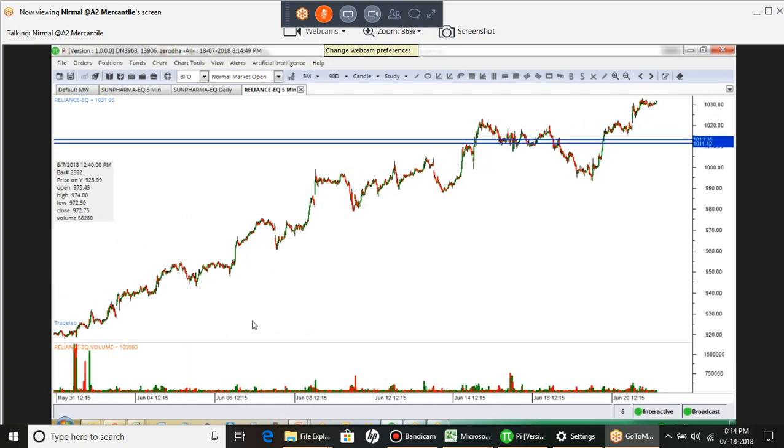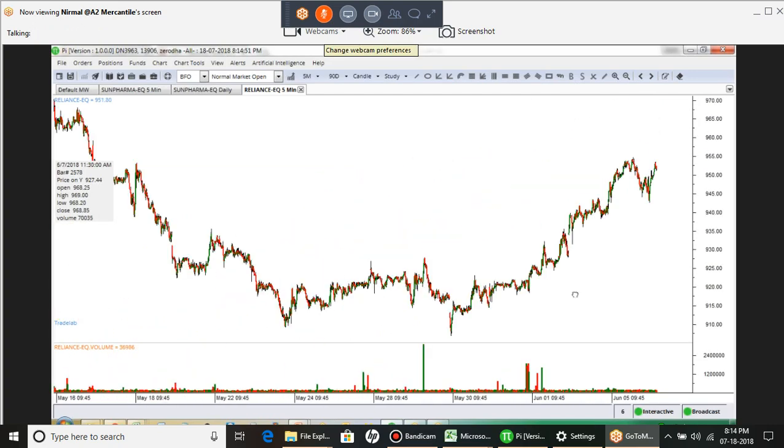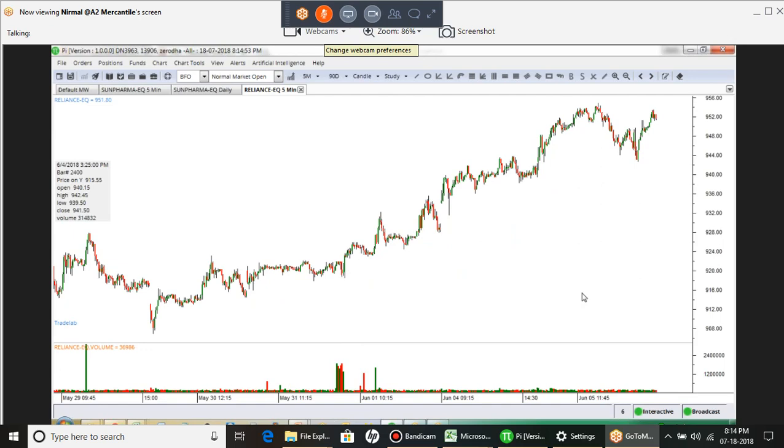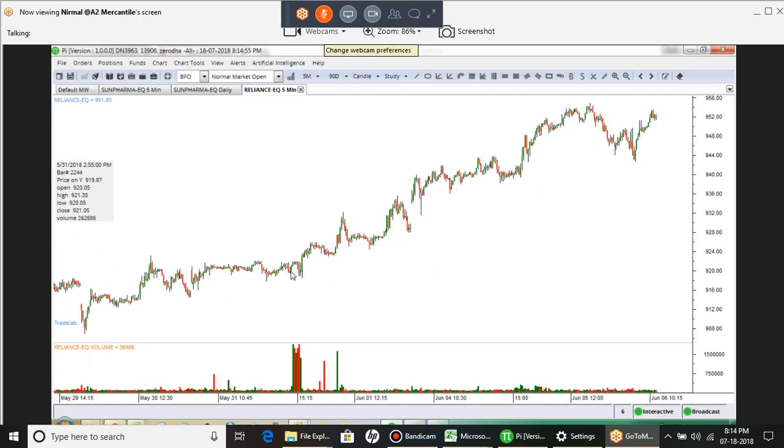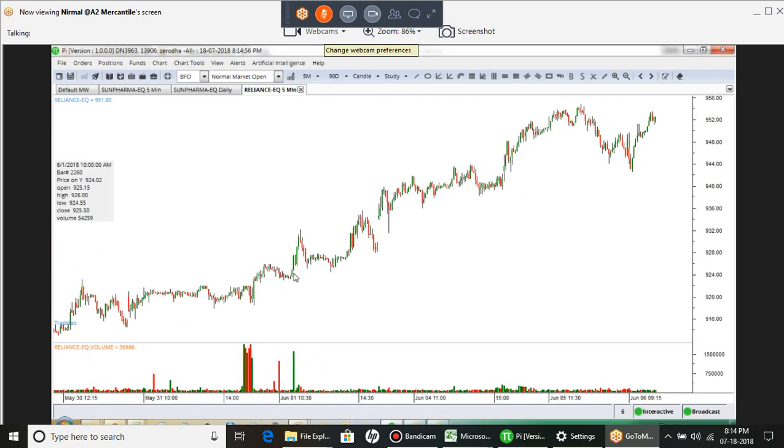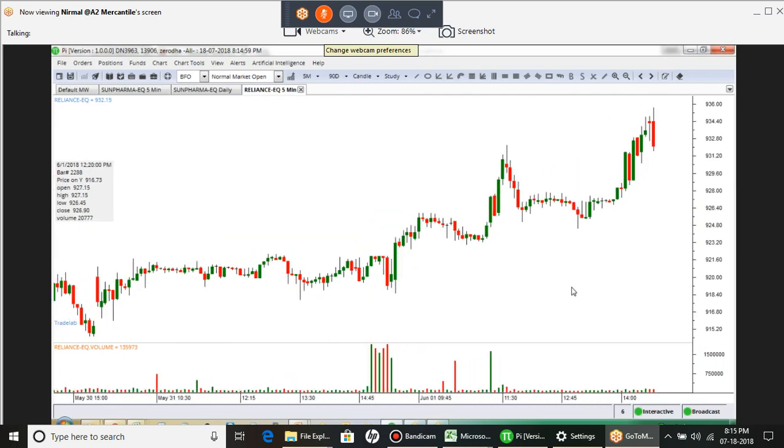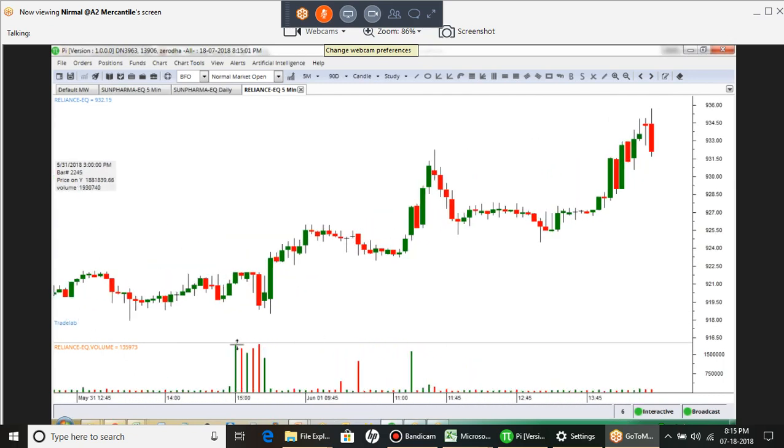This is 30th. This is 19 lakhs, 19 lakh 30,000, 19 lakh 25,000.